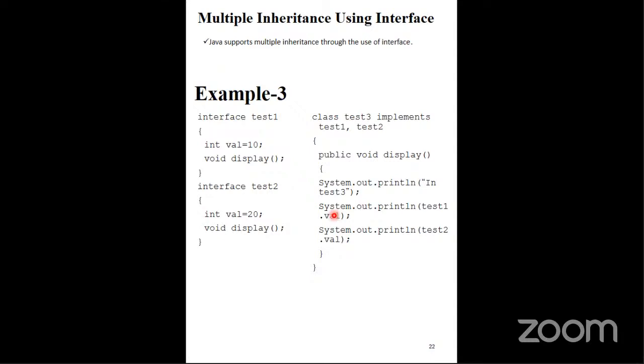So whenever you try to implement multiple inheritance, this type of ambiguity is going to occur. Okay, fine. So that is all about the concepts of inheritance, overriding, polymorphism, interface, and multiple inheritance.